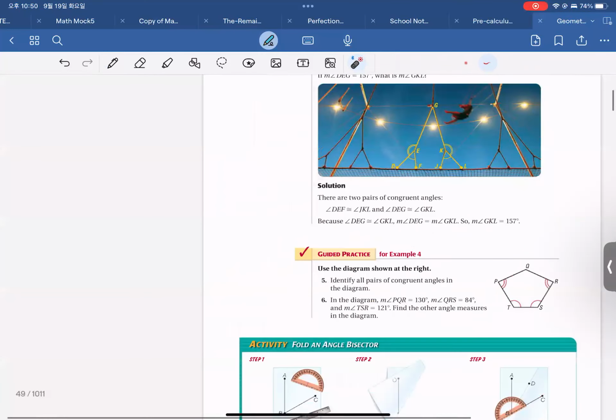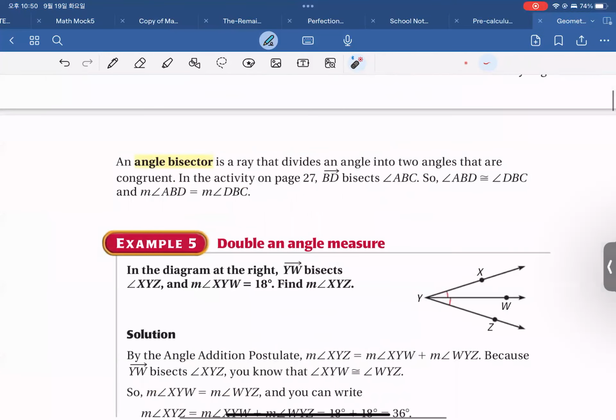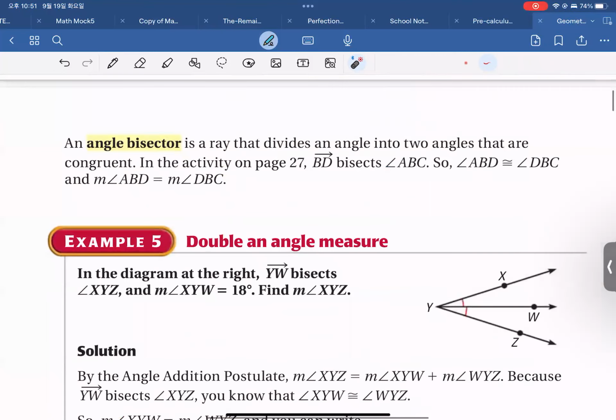I think this is really it for this section. Oh, wait, last point before that is the angle bisector. It's just a ray that divides an angle in half. If you bisect, let's say, here, then here and here would be equal, because bisecting means that you divided it in exactly half.